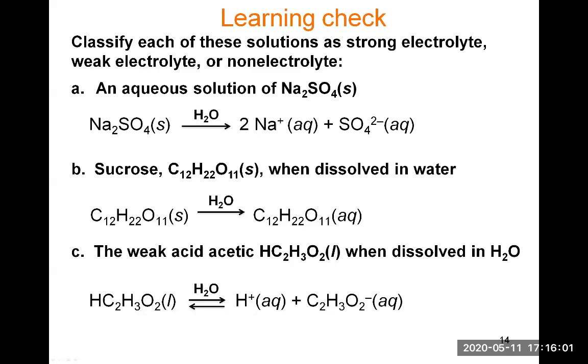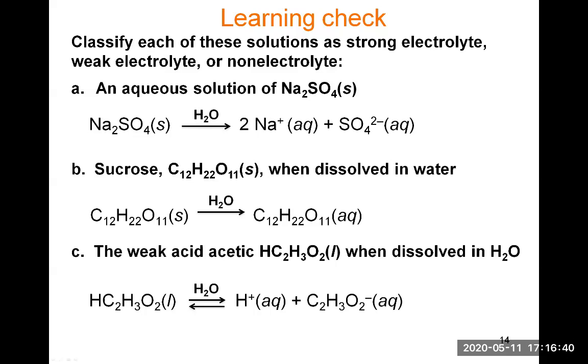Hopefully you recognize in the Na2SO4 formula the polyatomic ion SO4. When it's free from the compound, it becomes the ion with two negative charges. Sodium, when it's an ion, is Na+, and the subscript of 2 after Na means you have 2 Na per formula. So it dissociates into 2 Na+ ions and 1 sulfate ion.